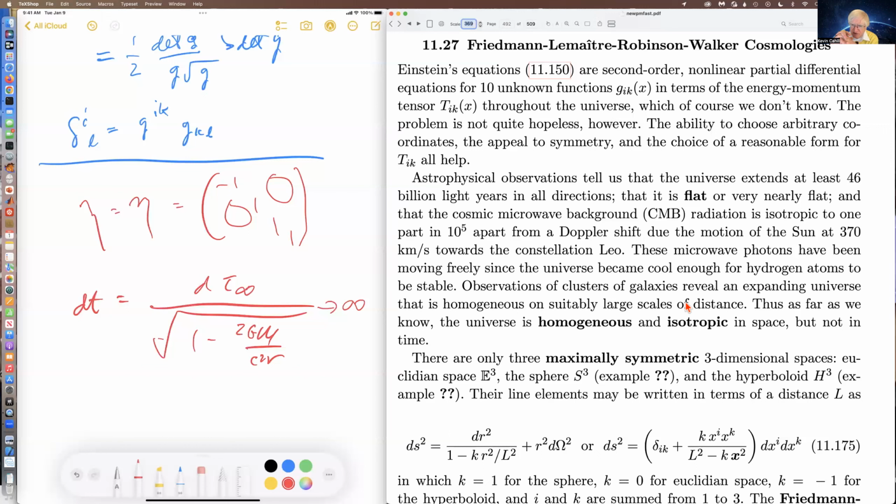And so the universe was a neutral, unionized gas, and so photons could go through it.